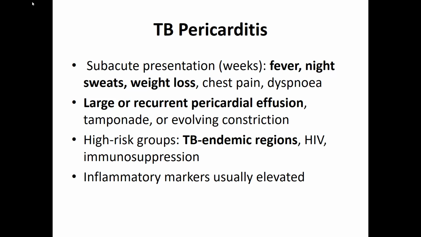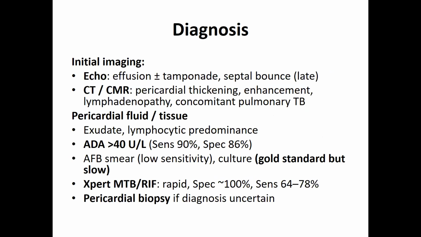And usually the inflammatory markers are very high. We diagnose it in addition to the clinical symptoms and signs. Echo shows effusion plus or minus tamponade, and it can show constriction physiology. CT and MRI can show pericardial thickening and enhancement, lymphadenopathy, and concomitant pulmonary tuberculosis.